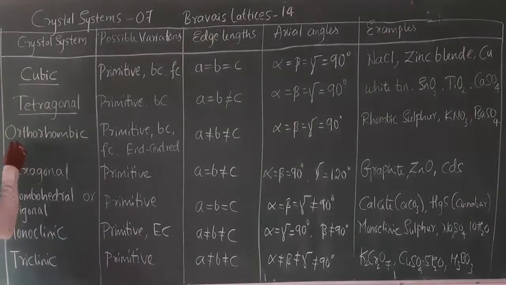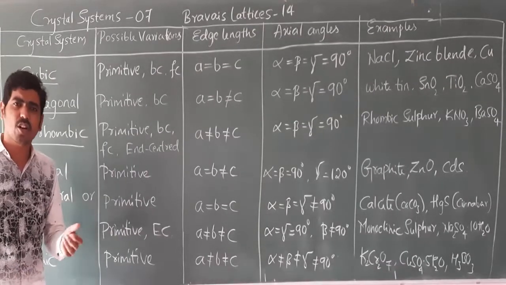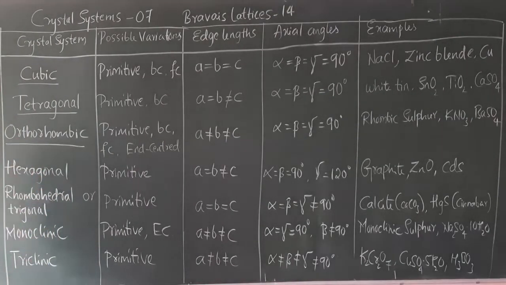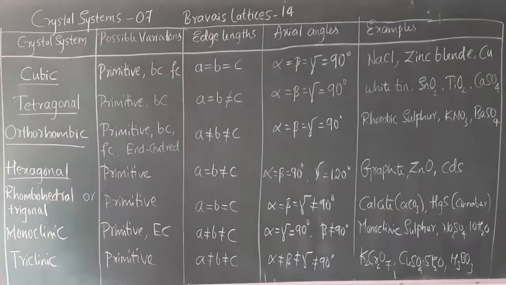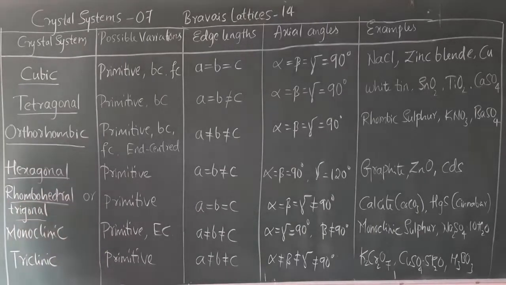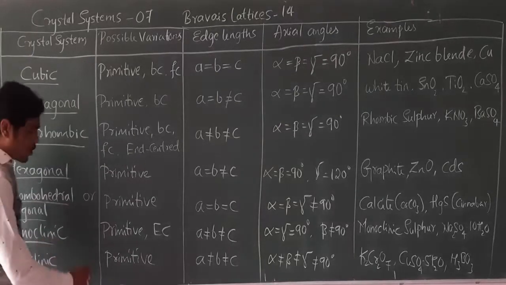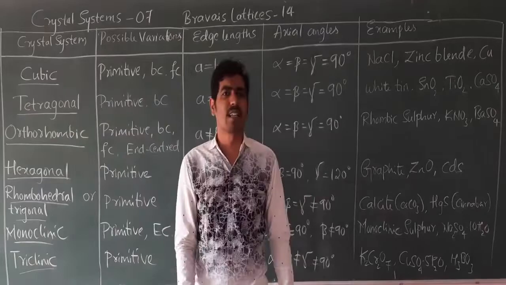The third one is the orthorhombic crystal system, meaning the structure of the crystal is orthorhombic. The fourth one is the hexagonal crystal system. The fifth one is the rhombohedral or trigonal crystal system. Then the monoclinic crystal system and the triclinic crystal system.